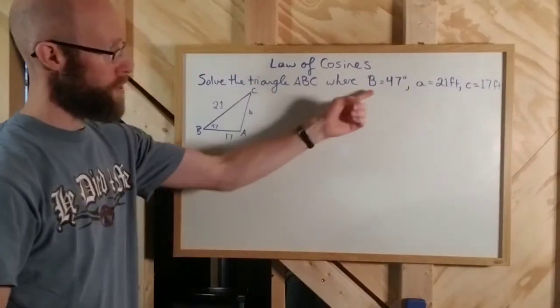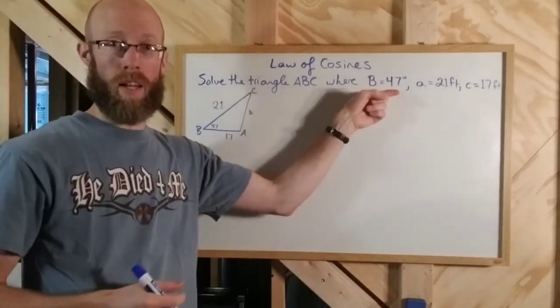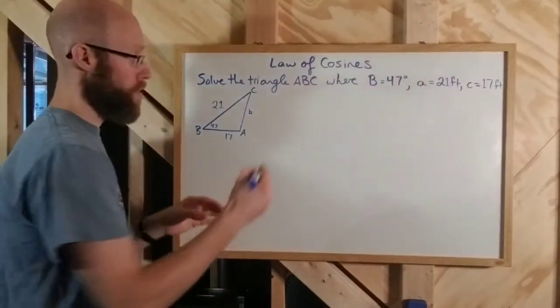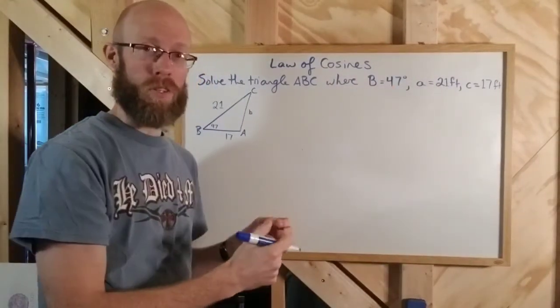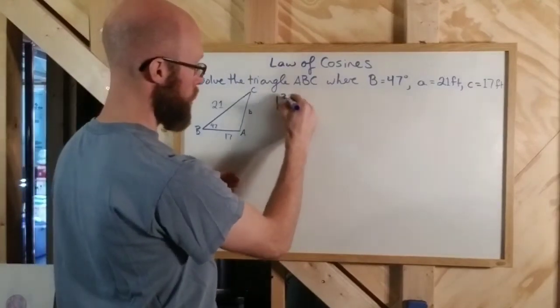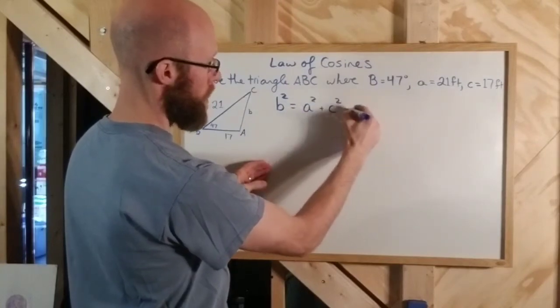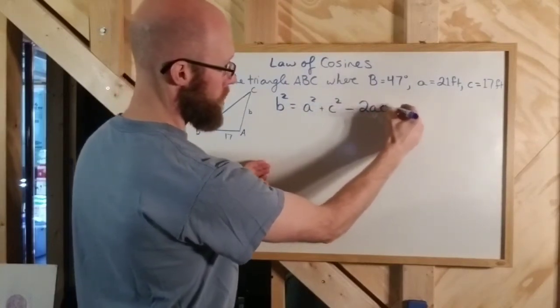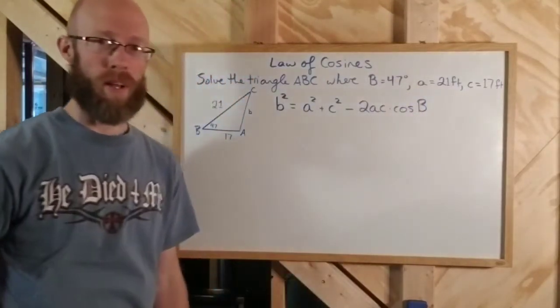Instead, I'm going to use the law of cosines that has an angle B, because that's the angle I know. The corresponding law of cosines, if you know the angle B, starts with the side B by itself, so B squared equals A squared plus C squared minus 2AC times the cosine of that angle B, right?